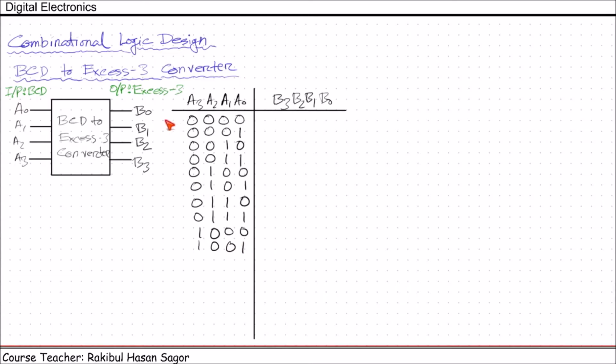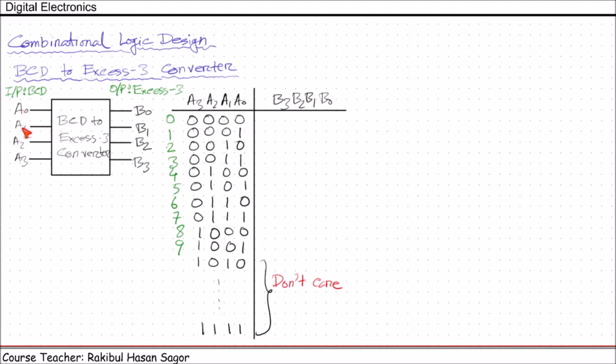If we write the corresponding decimal numbers, this is 0, 1, 2, 3, 4, 5, 6, 7, 8, 9. As I told you earlier, as the input is BCD, we'll get the values starting from 0000 up to 1001. So the remaining inputs from 1010 up to 1111, we can consider them as don't care.